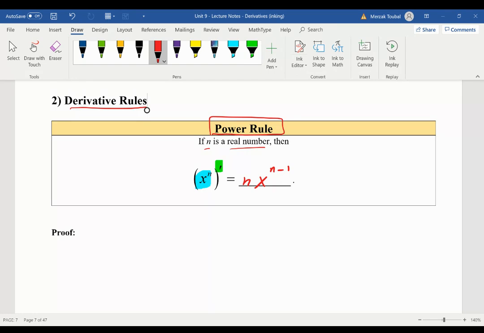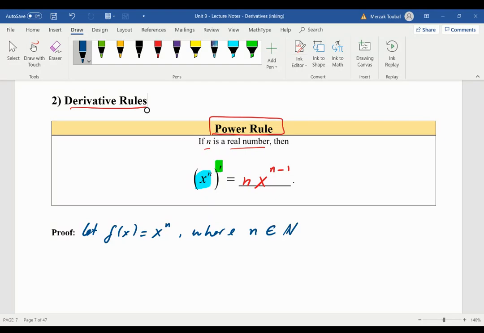However, there are 3 proofs, and the one we're going to be looking at is applicable only when the power is a positive integer. So we're going to say let f of x equal x to the n, where n is a positive integer, a natural number.